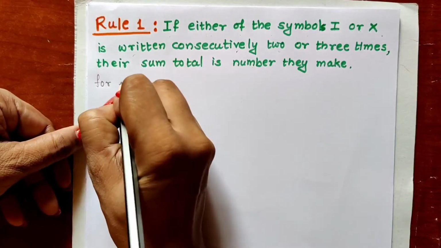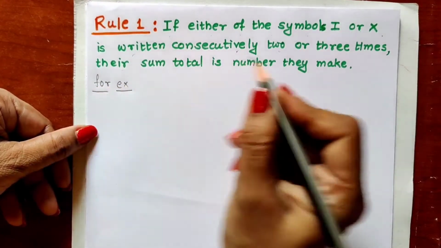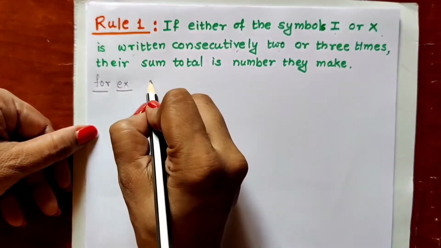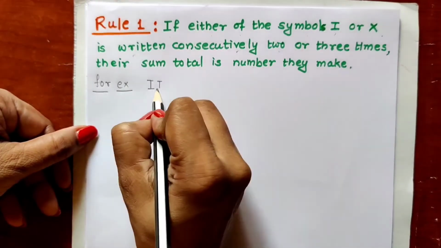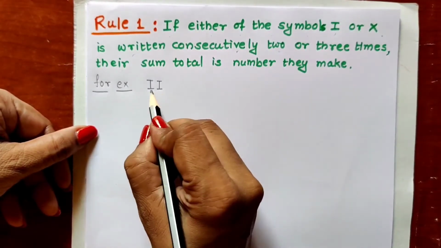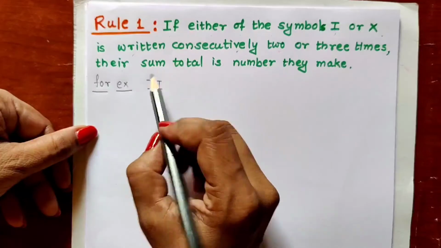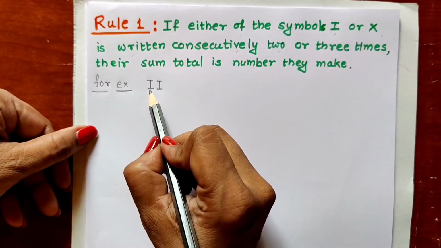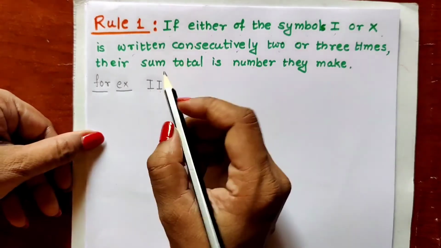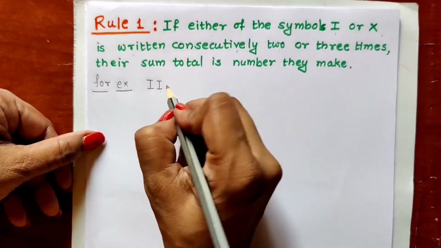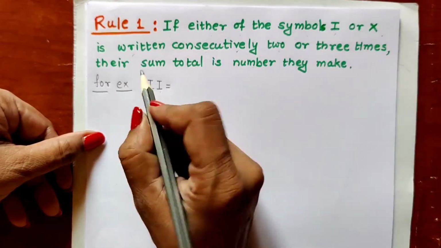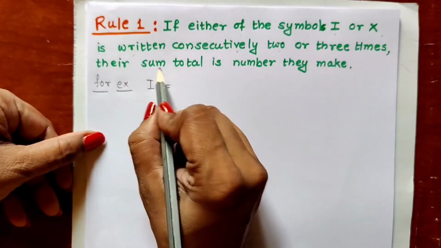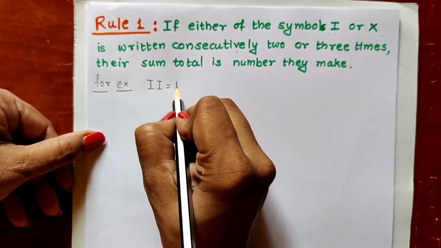For example, first example, if you write I 2 times, what does it mean? I is written consecutively 2 times. Consecutively means one after the other. So the number it makes will be their sum total. This first I means 1.